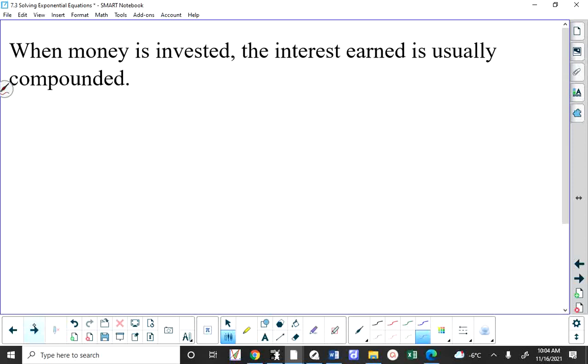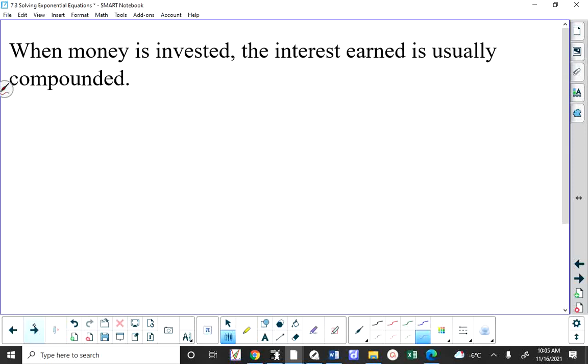We're going to be talking about compound interest. When you invest money, if you're investing it wisely, the interest you earn is compounded. And you've probably heard of compound interest.